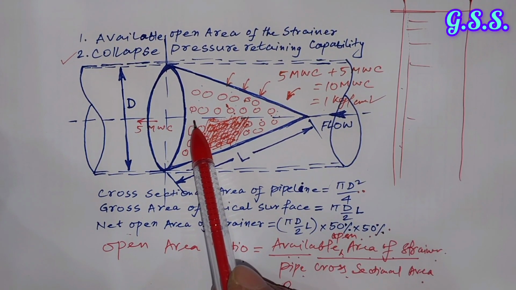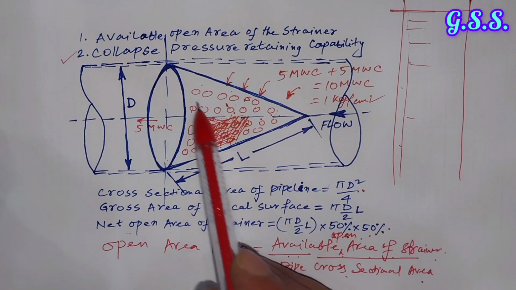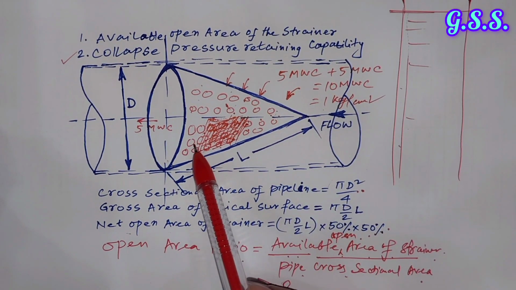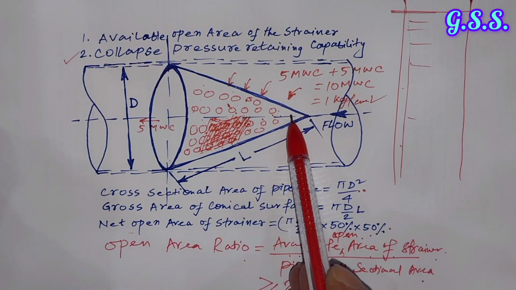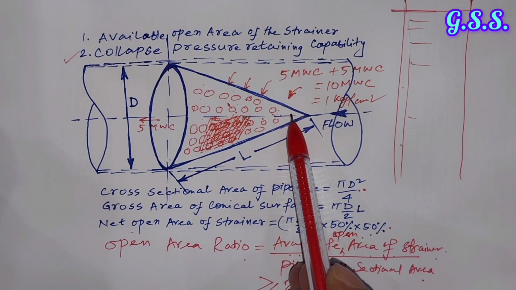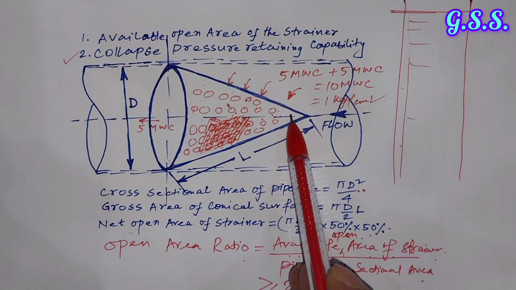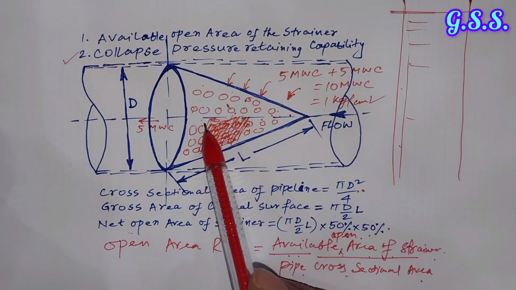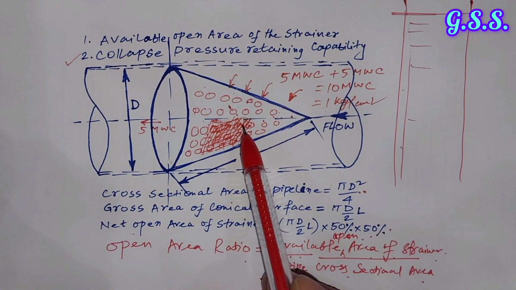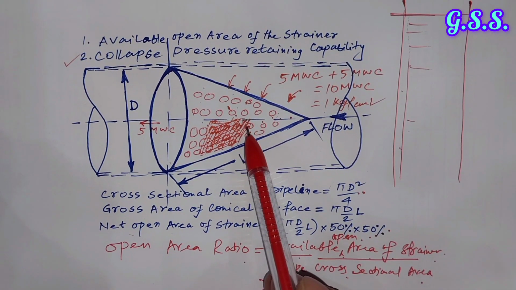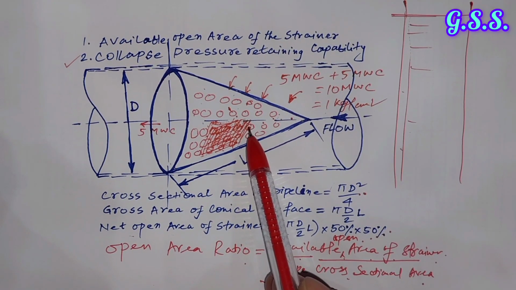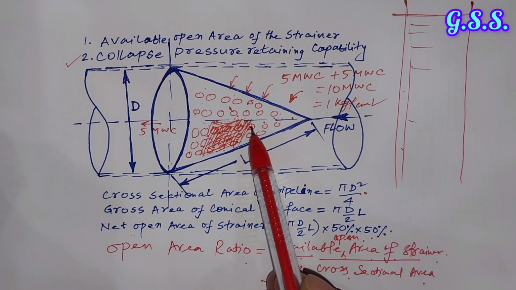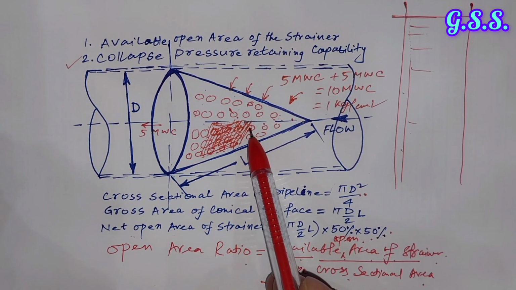Up to 10-inch size, the rigidity of this 2 mm thick perforated sheet is sufficient against the collapsing. But above 10 inch, if the strainer size is 16 inch, 24 inch or 36 inch, then it requires stiffening to prevent collapsing of the strainer.